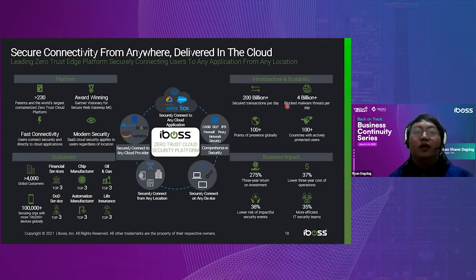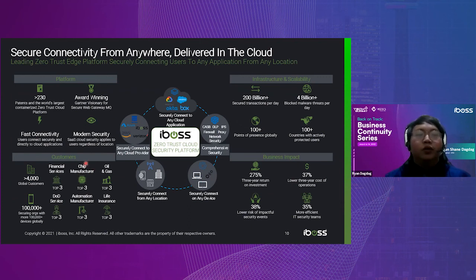From there, we have more visibility on malicious content or activity in the data traversing to any application. And we have 100 plus points of presence, our global data centers scattered across the world.